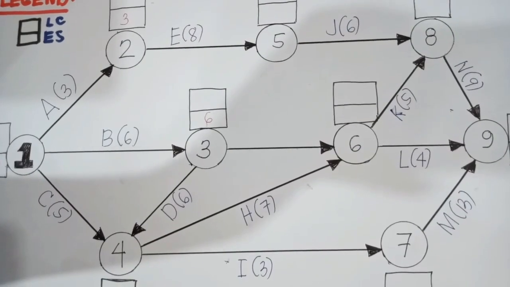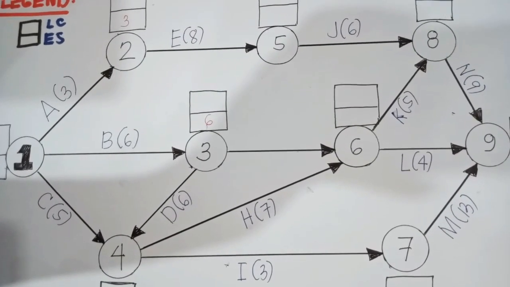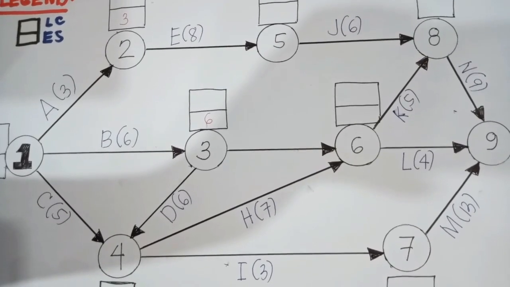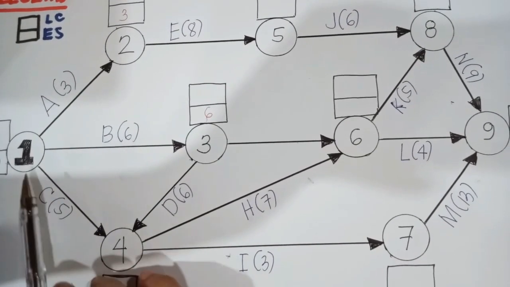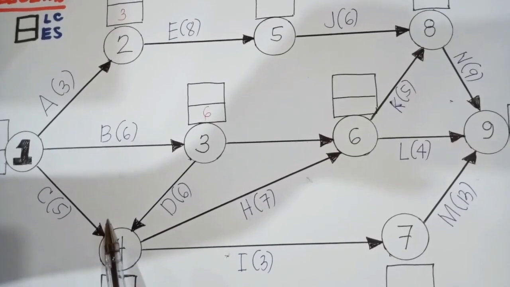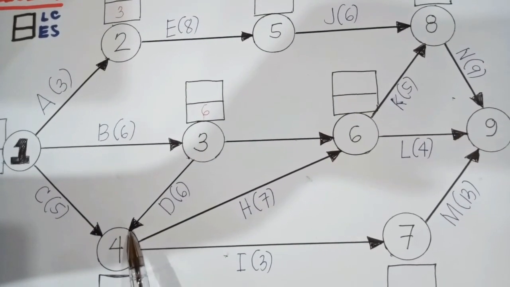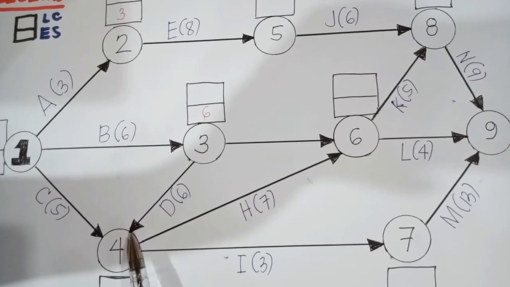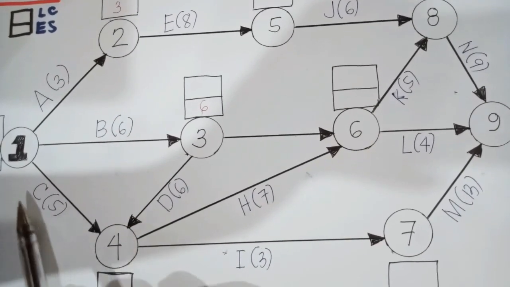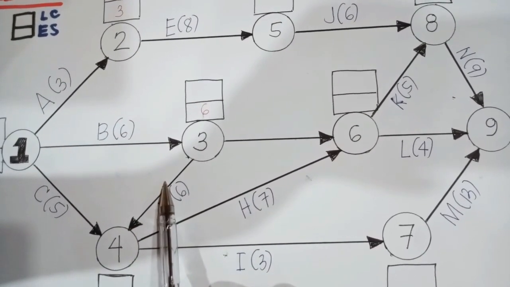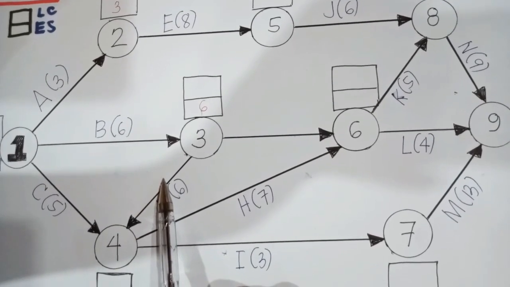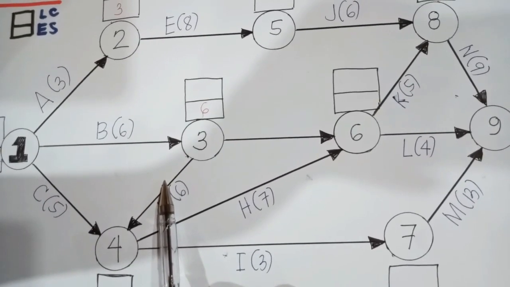And for node number 4, take note that there are two options involved. You have nodes 1 to 4, and you also have nodes 3 to 4. Since there are two activities heading to node 4, activity C and activity D, how are we going to go about this?